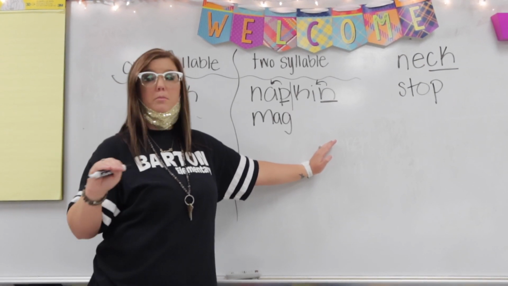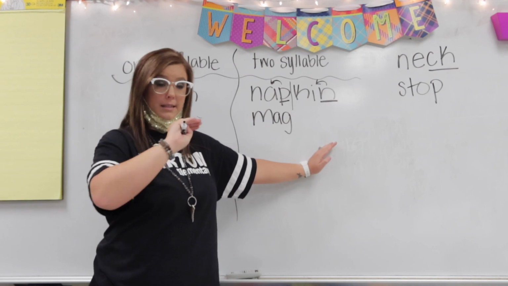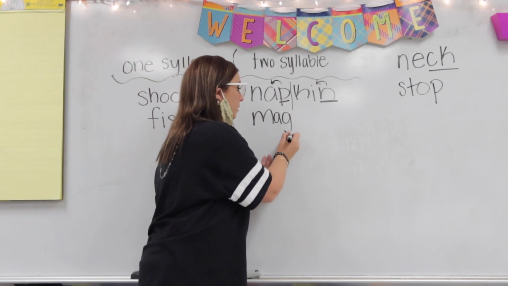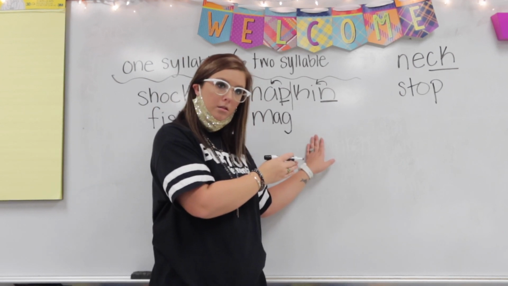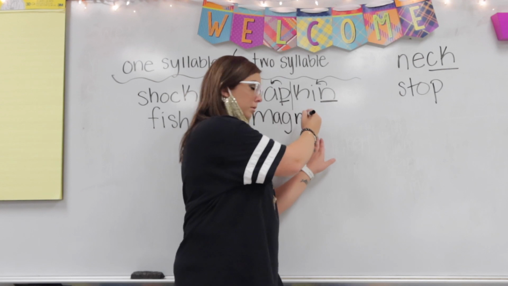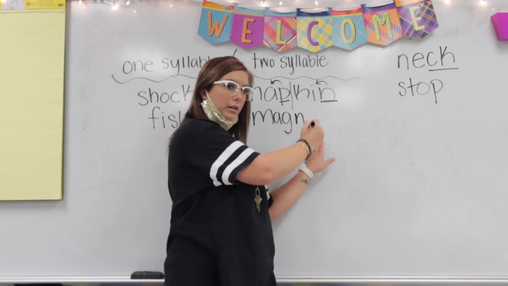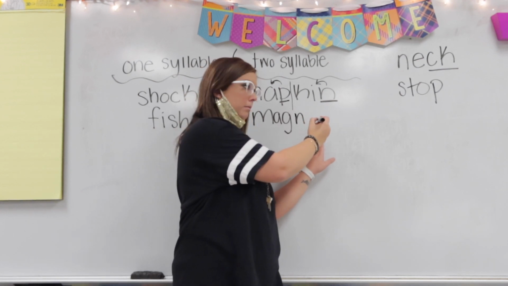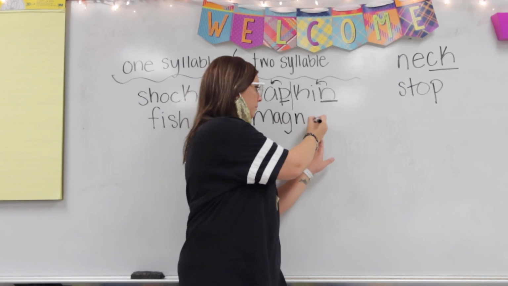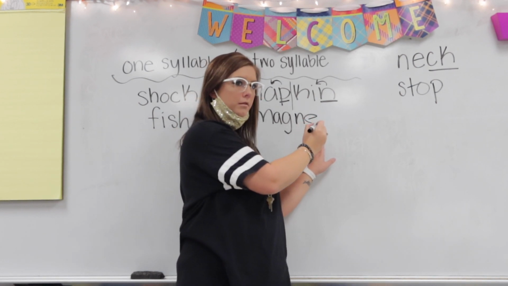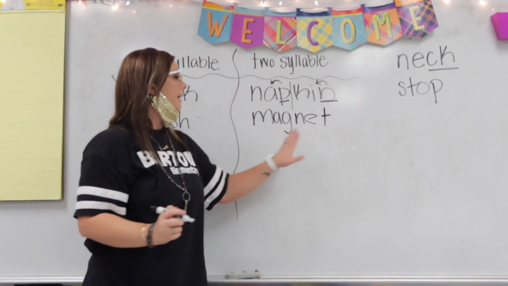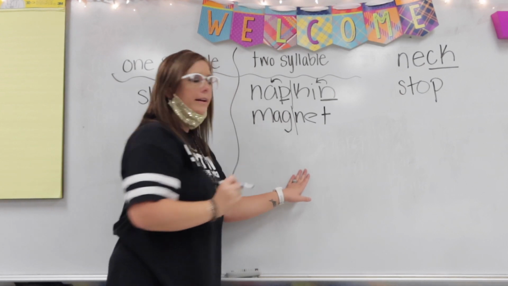Remember, we're thinking syllables, not sounds, not letters, just the syllable. Mag is the first syllable in magnet. Net is your second syllable.